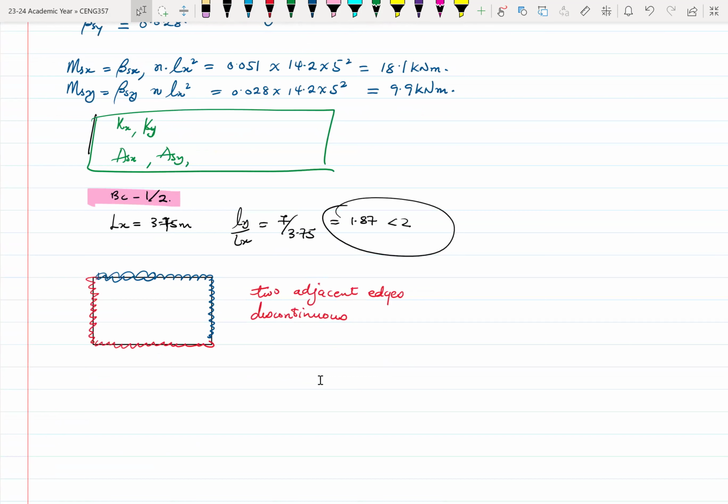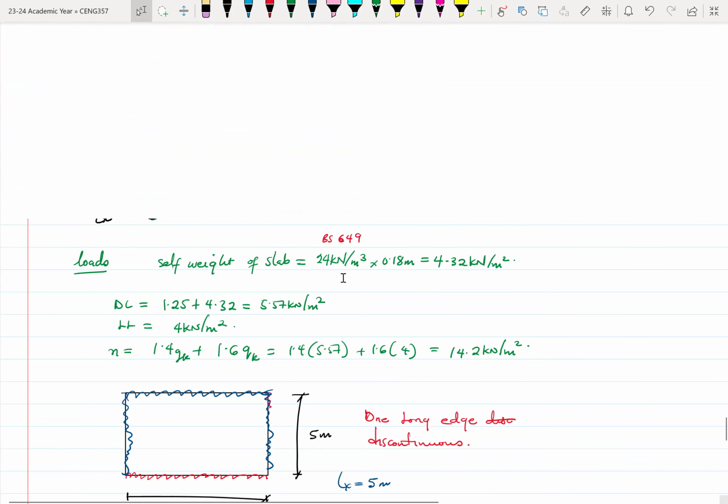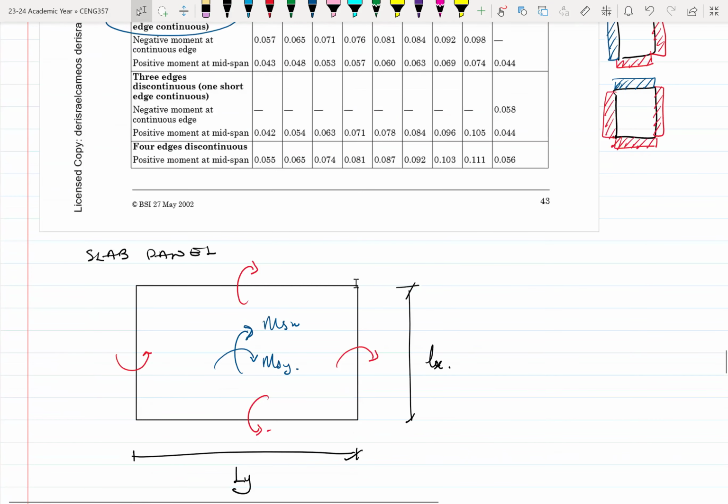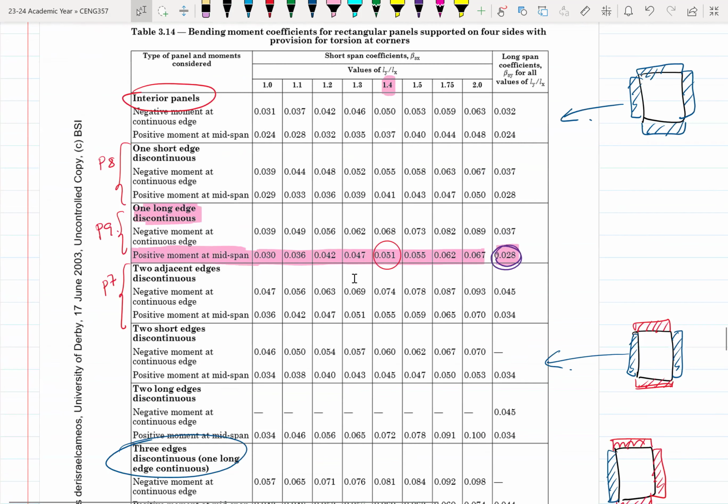So again, go to table 3, I think it's 3.14. We go to the table above, and we pick our values for BSX and BSY. Let's go slowly. Ly over Lx was 1.87, so it's somewhere in between here.